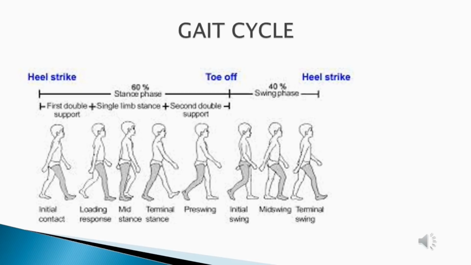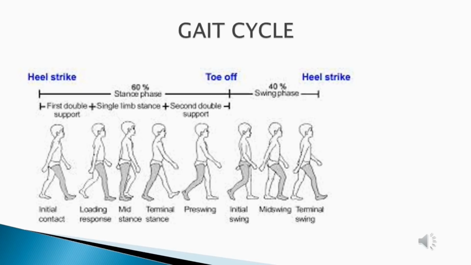Now, one of the key phases to understand within the stance phase of gait is referred to as the mid-stance phase of gait. At the mid-stance phase of gait, the lower extremity and the torso are in linear alignment, and the right lower extremity is now bearing the entirety of the full body weight.